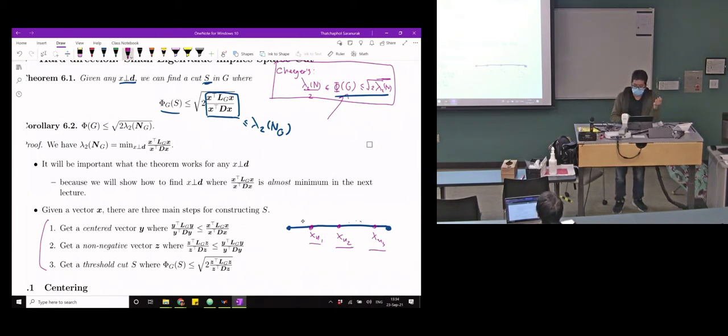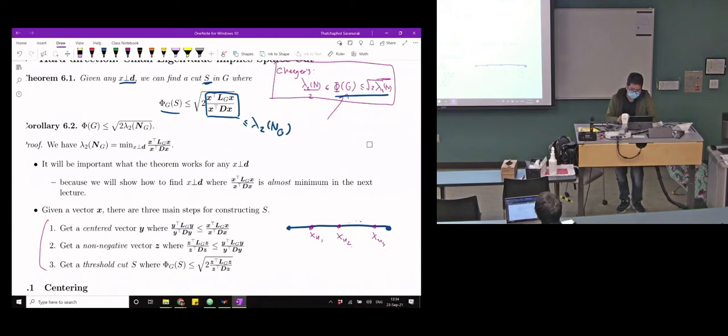Then you just look at a sweep cut: a cut consisting of the first i nodes in this order. One of them will be good for you. That will be the algorithm. But to prove that, we need some massaging of x.